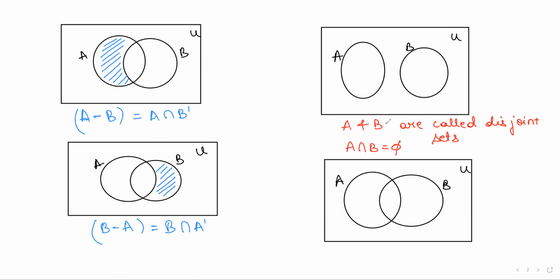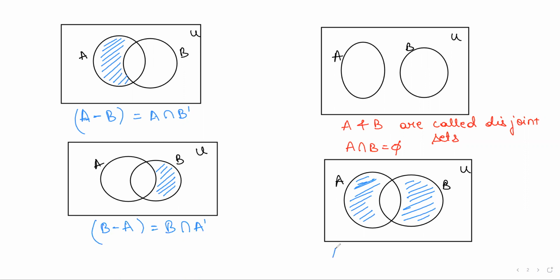Next, what if we shade this particular region, part of A and part of B? What are we doing? We are uniting two regions, but we are uniting those elements which are present in only one of the sets.